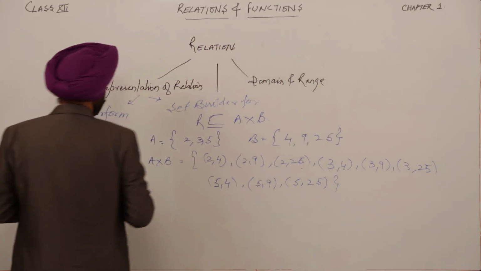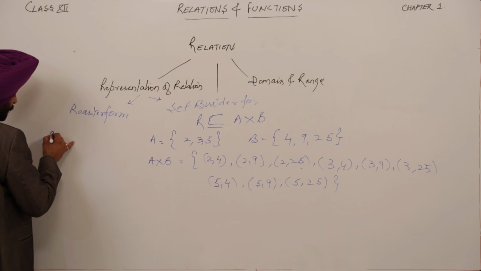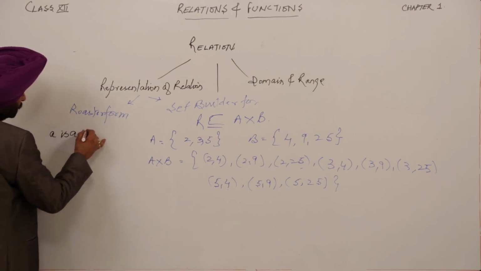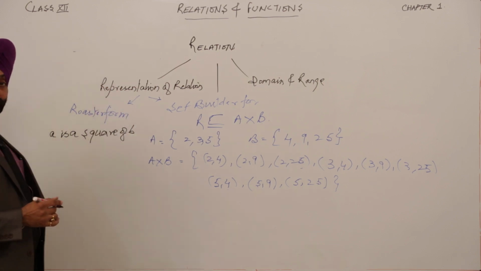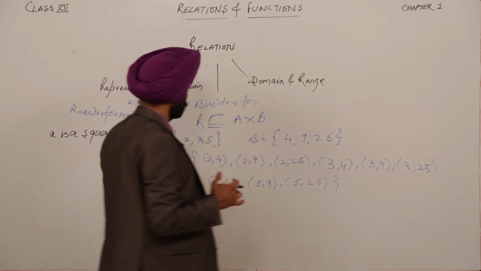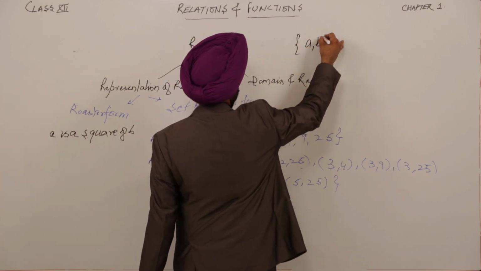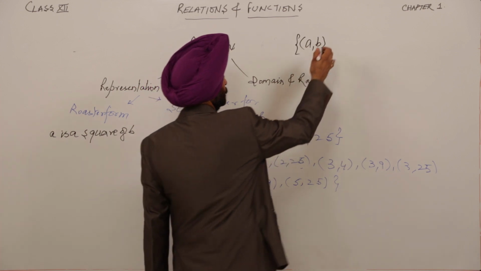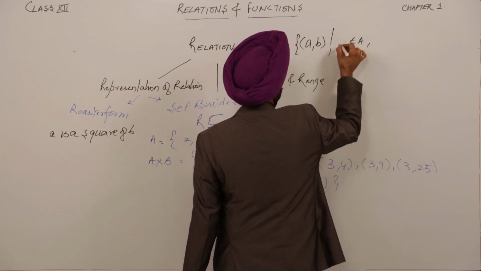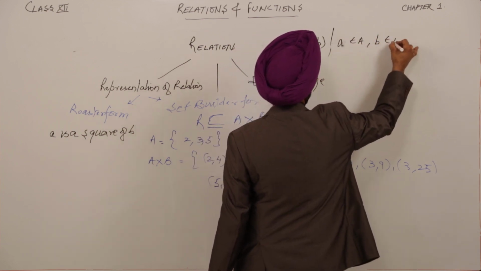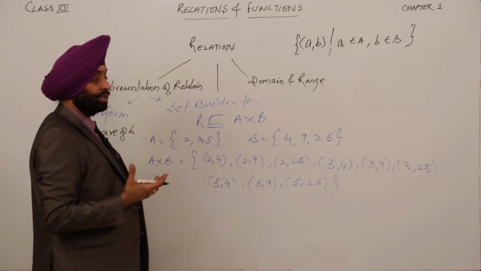For example, from these ordered pairs, suppose A is a square of B. Before going to this part, we write (a, b) as the ordered pair such that a belongs to set A and b belongs to set B. So this is also the roster form; we are describing a relation in the roster form.